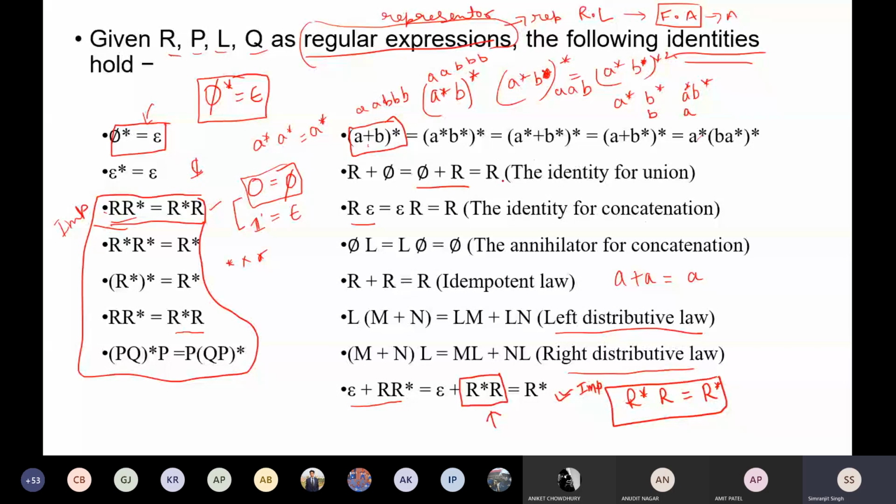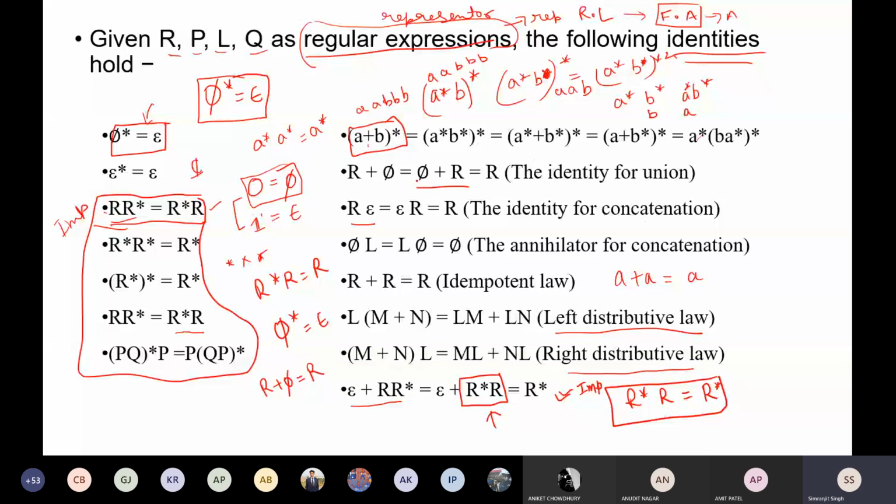So mainly the main expression you have to keep in mind from here is r star r is equal to r. So this is one of the most important ones. Second one, this is kind of unexpected, so it sticks out. Keep in mind that if you raise epsilon to the power of star, it will become epsilon. Another one to remember is that if you add r to phi, it will again be r, and the expression can be interchanged.